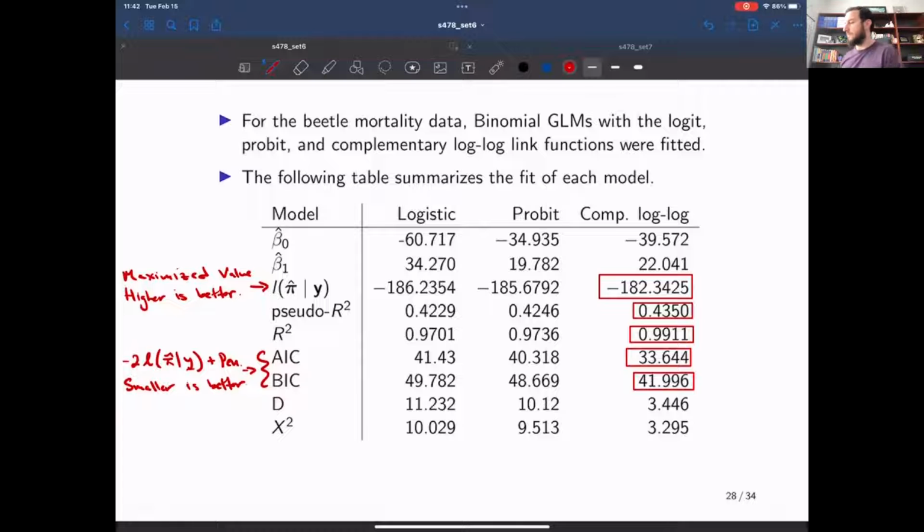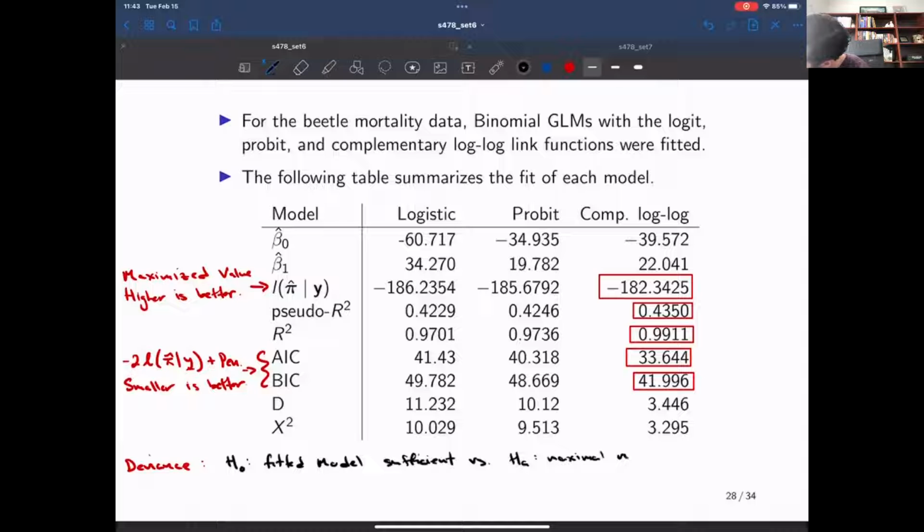Now, what's interesting in this situation, if we focus on the deviance, for example, the deviance tests... you could technically make an argument that a smaller deviance value gives more evidence that the fitted model is sufficient, because a smaller deviance value is going to result in a larger p-value.